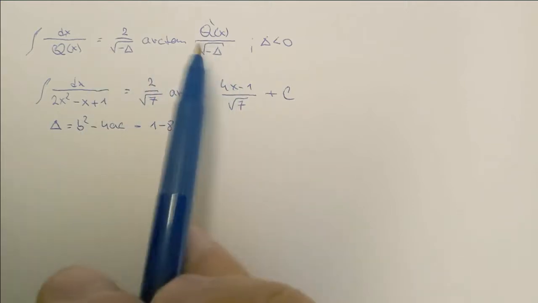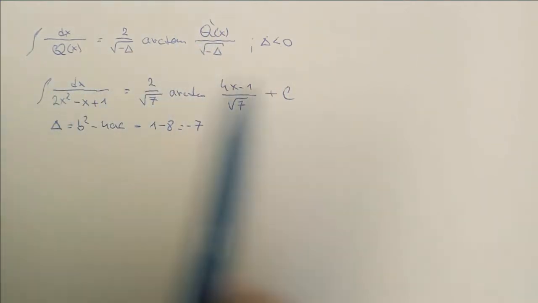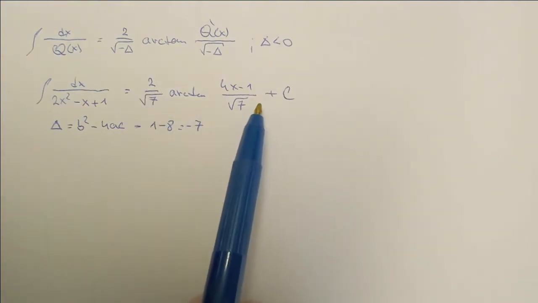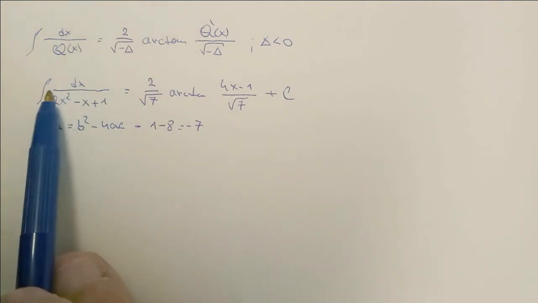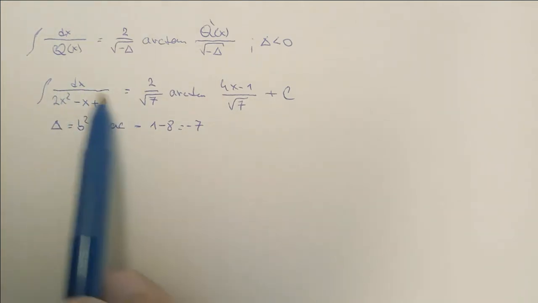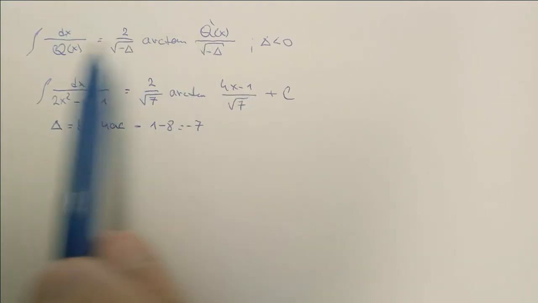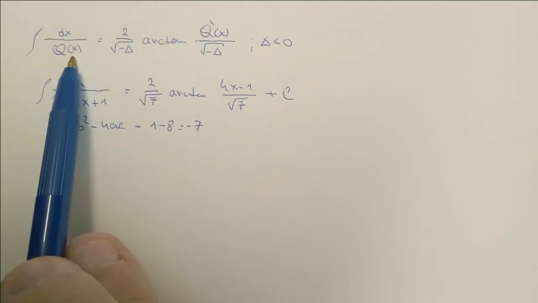It's just arcus tangent, and this is the easiest and most common integral of them all for a negative delta. So this is the solution. Actually, if you take the derivative of this polynomial, you get 4x minus 1. So q prime stands for the derivative of q.